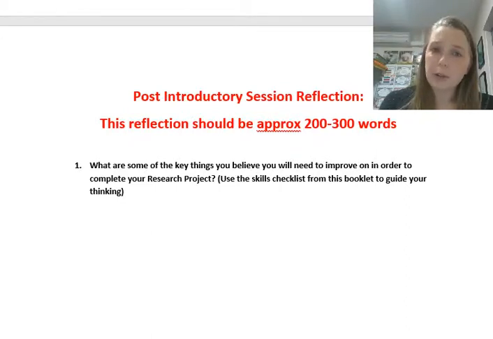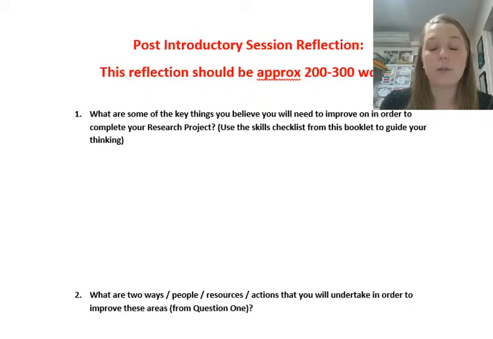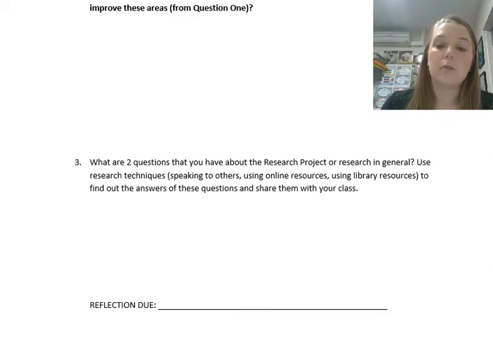This is the bit that's important, because this is the bit that will form the bulk of the assessment. Some of the key things they need to improve on using the evaluation checklist, two ways or resources or people or things that they can do to actually improve it, and then what we actually want to get them to do is actually interact.